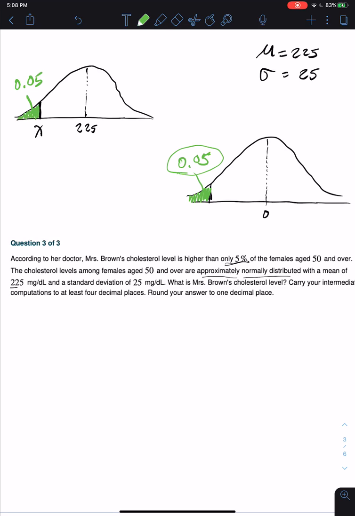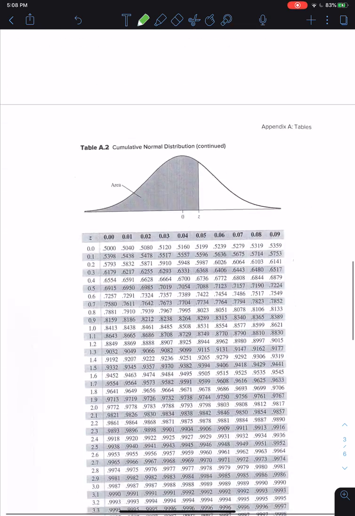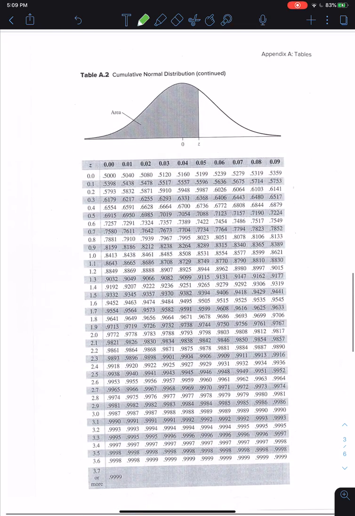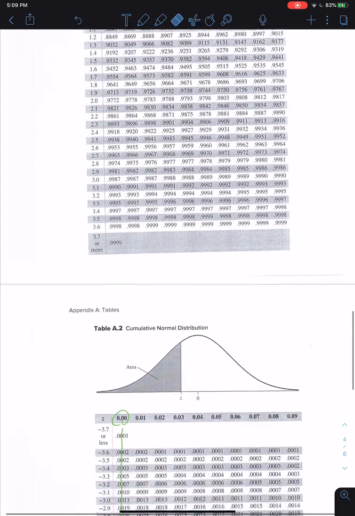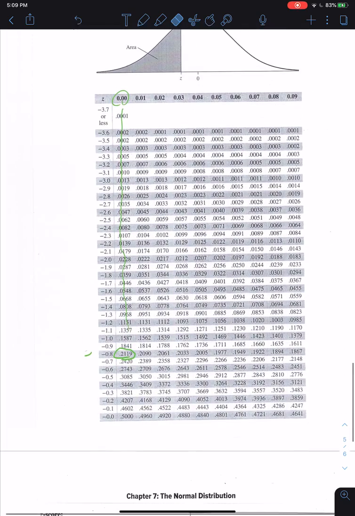Look for the area in the body of a z-score table of 0.05. Now let's think about this. If we are at positive z-scores, this is more than 50% of the data. So 0.05 is way down here, right? Positive z-score, no way. It's going to have to be here on the negative values.